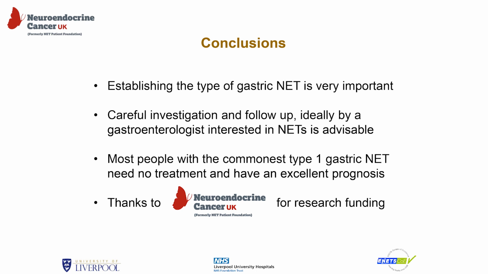However, fortunately, the commonest type of gastric NET, the type 1 gastric NET, has a very, very good prognosis. Many patients don't need any treatment, and in the majority of cases, this has no effect on either patient quality of life or length of life.